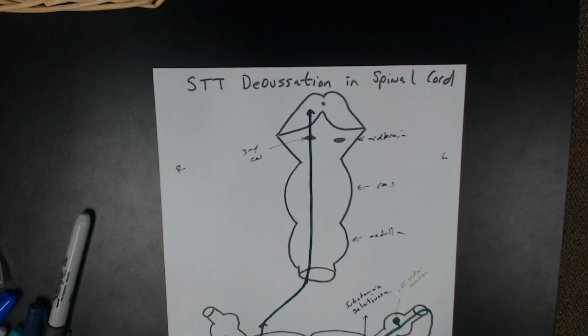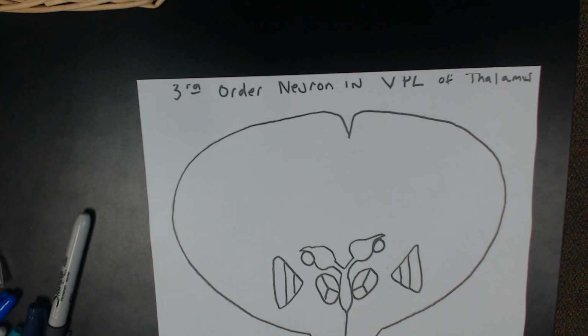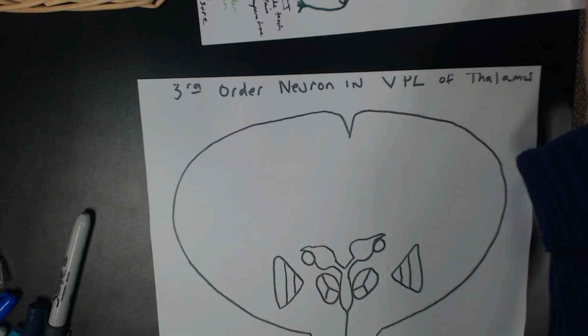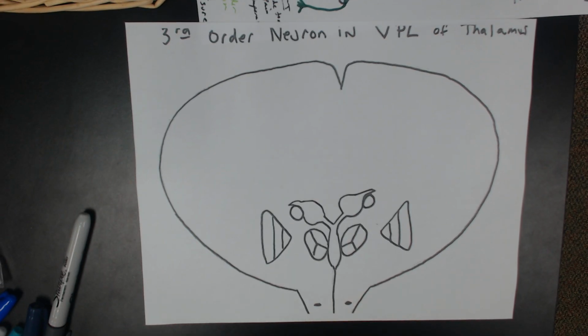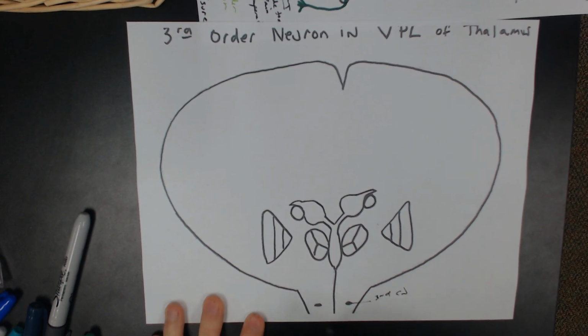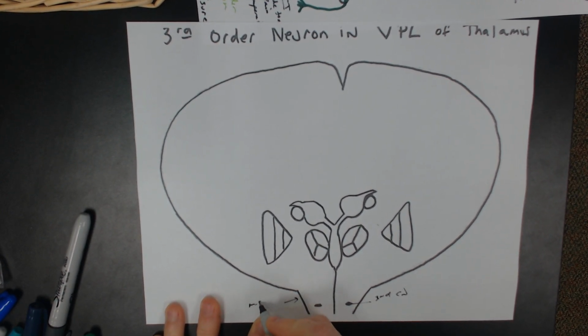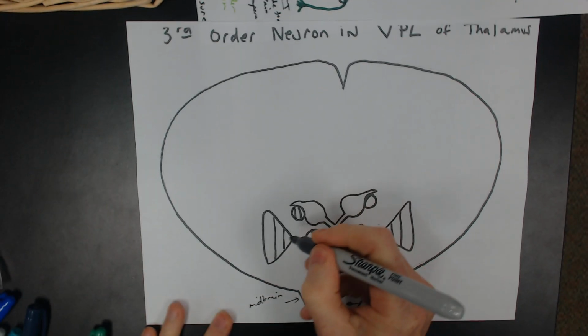Now, like I said before, we're going to switch over to the third order neuron. We'll come back to this one in just a minute, but for right now, the third order neuron here, this is the same view that we saw before, where here's my third cranial nerve. There's my midbrain. We had talked before that these were the basal ganglia.